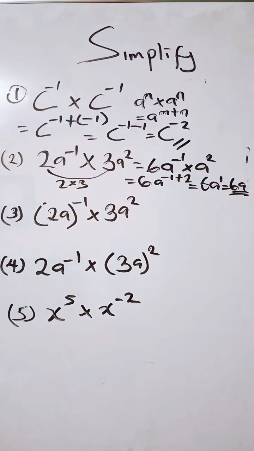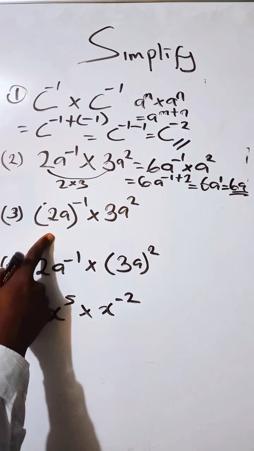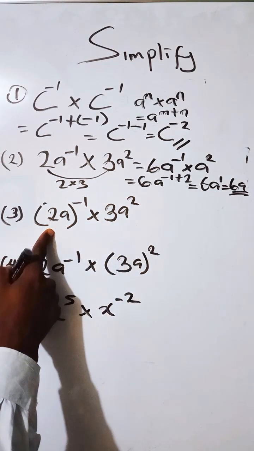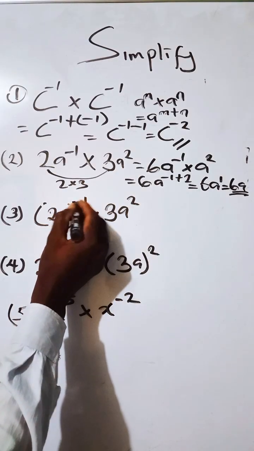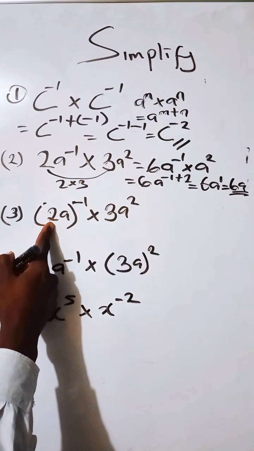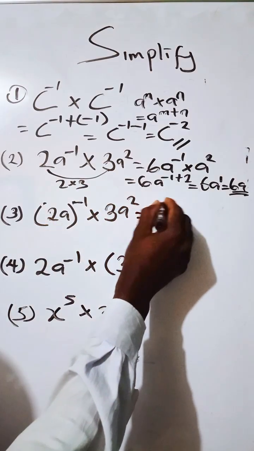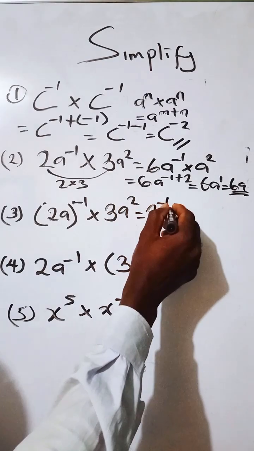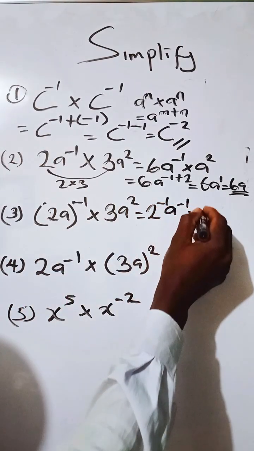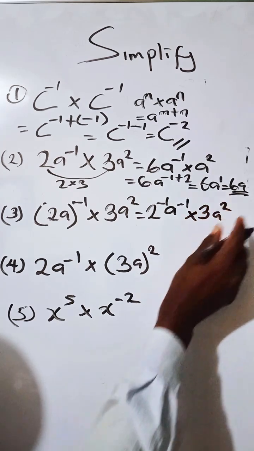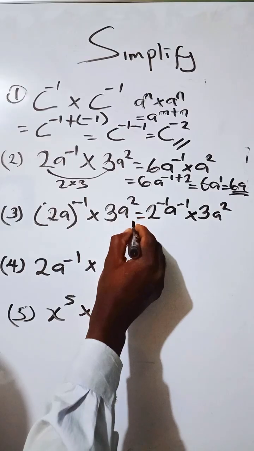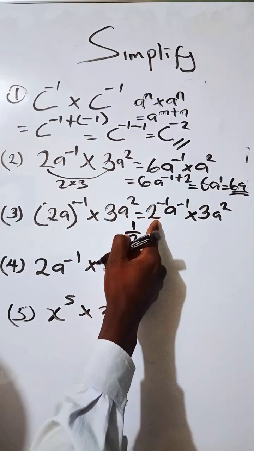For the third expression, we have 2a in the bracket raised to power minus 1 times 3a squared. The minus 1 on the bracket as power affects everything in the bracket. So we have 2 raised to power minus 1, a raised to power minus 1, times 3a squared. For 2 raised to power minus 1, we can write this as 1 over 2.